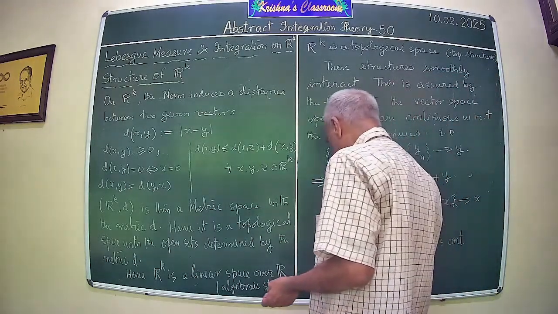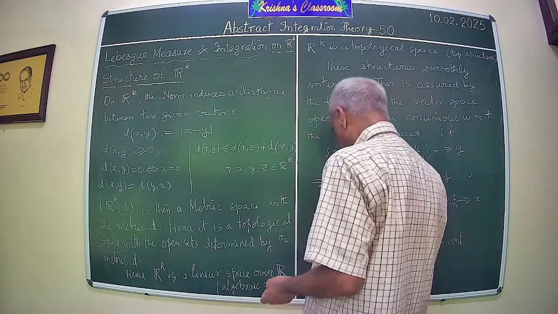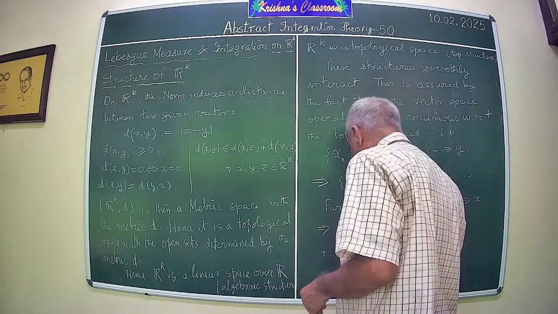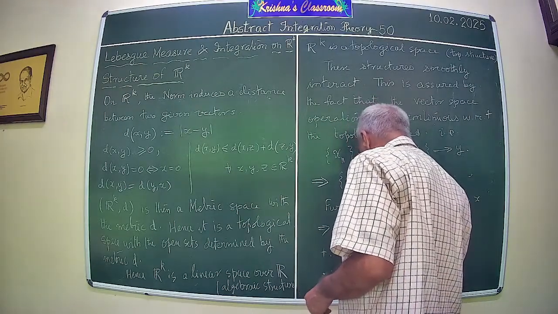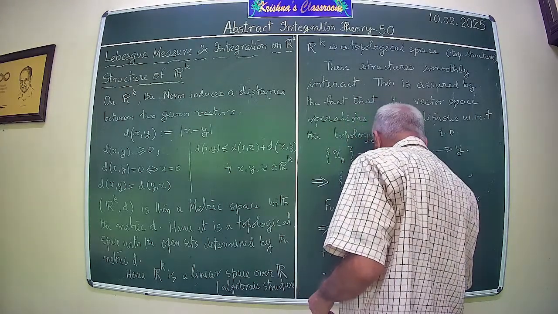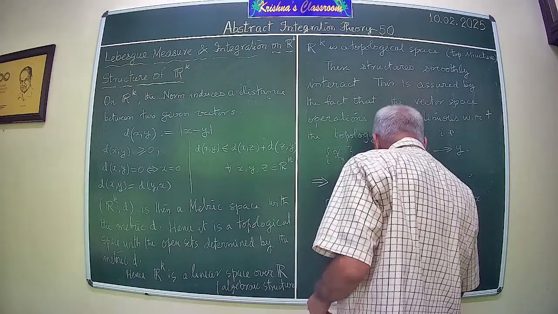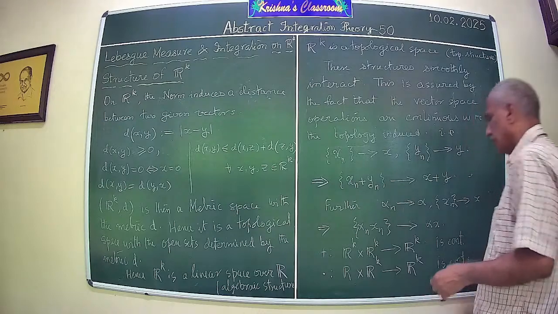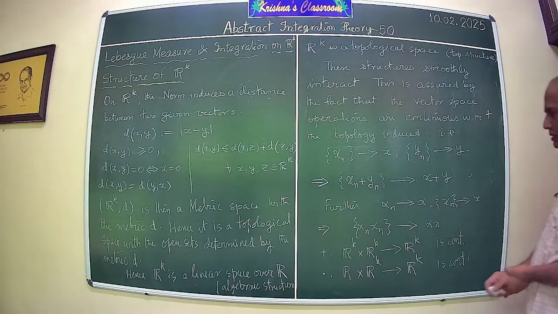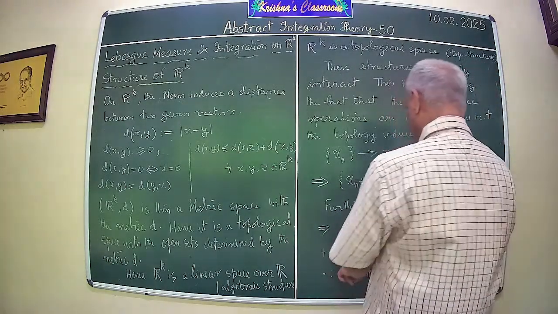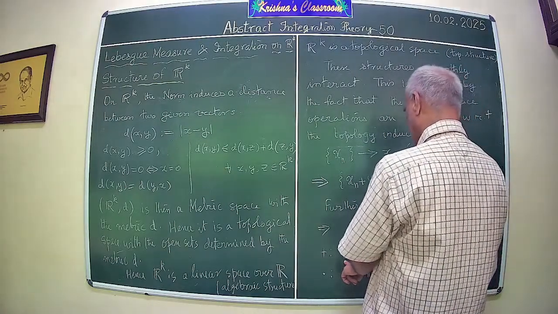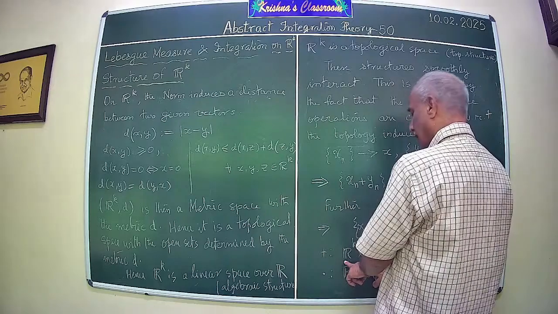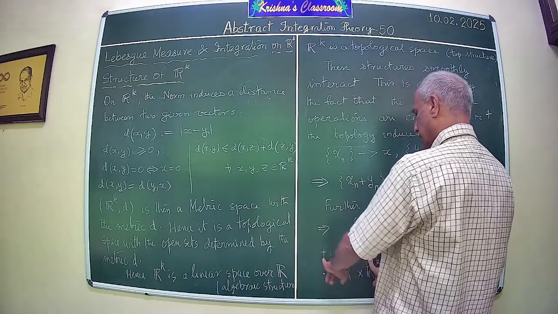Similarly, the multiplication is a map from R cross Rk to Rk, and it is continuous. That is the meaning of that. Addition means you take an ordered pair x, y from Rk cross Rk and apply the map of addition.